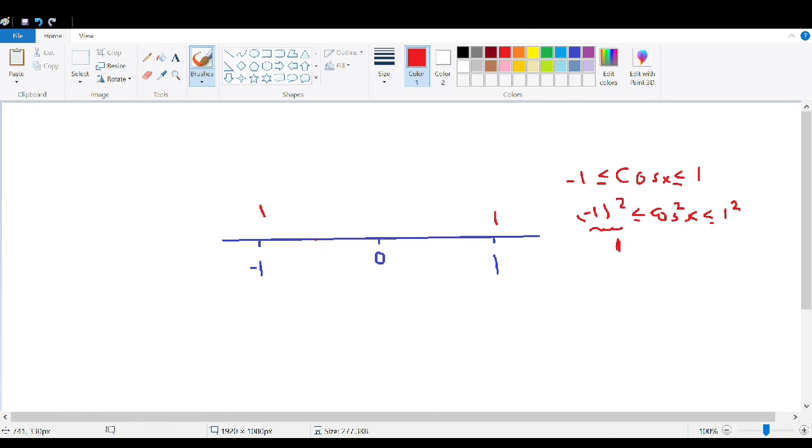But here, for example, if we said from the beginning our function is between minus 1 to 1, for example, here we have minus 0.5. So minus 0.5 squared, you will get 0.25.